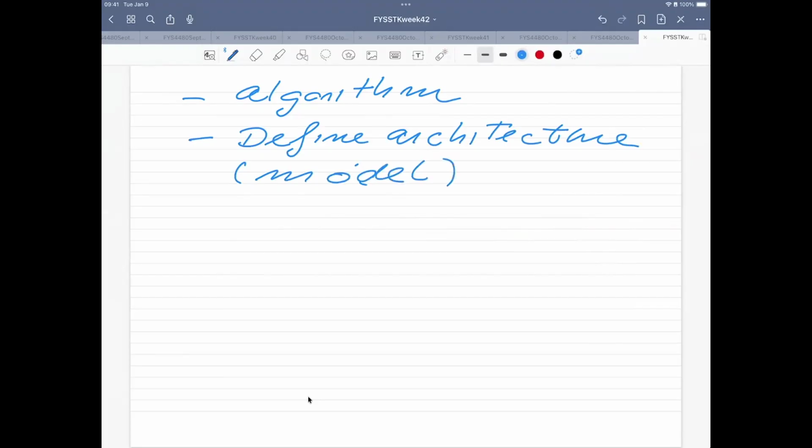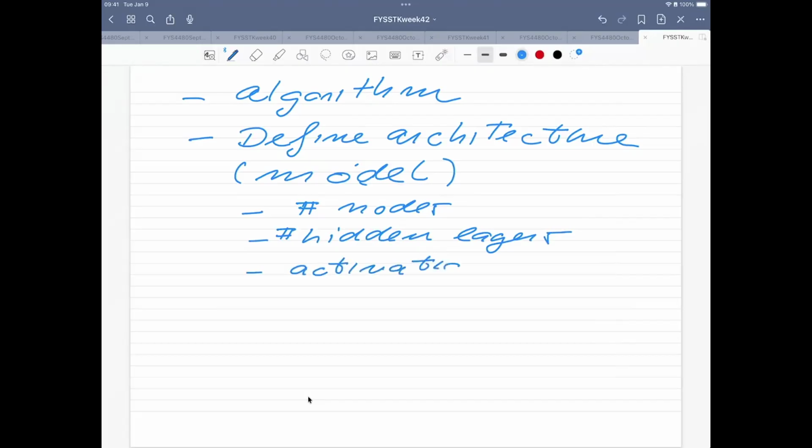So this means that you need to define the number of nodes, the number of hidden layers, and then you need also to define the activation functions. And you need obviously to define the cost function.